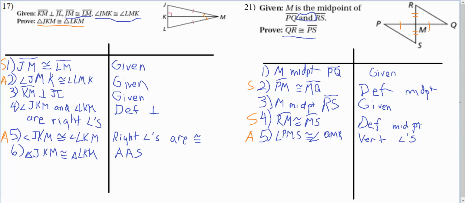And if we look at that, the angle is between those two sides. So that should be that our triangles are congruent by side angle side. So triangle PMS congruent to triangle QMR.